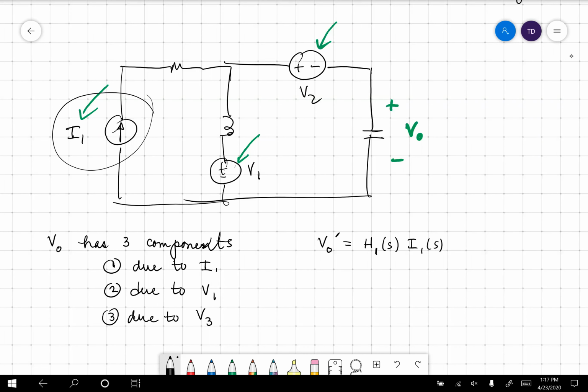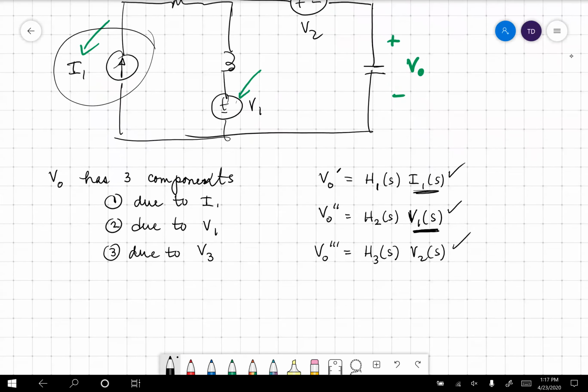So there's that component. Then there's VO double prime, and that's going to be H2 of S times, let's call this V1 of S. So there's a component that comes from V1, a component that comes from I1, and then VO triple prime, the third component comes from, we'll call it H3 times V2 of S. So there are 3 components, one due to this source, one due to this source, one due to this source.